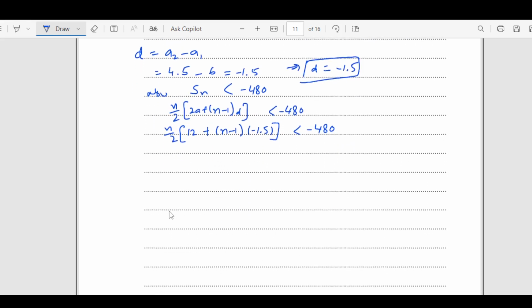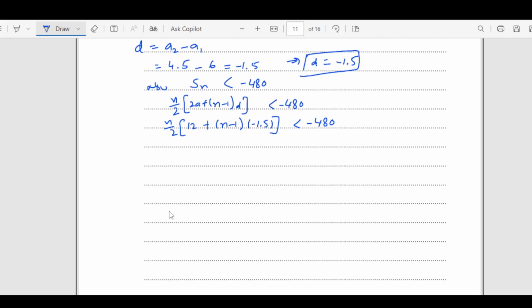So let's simplify slowly. This is n over 2, and inside we have 12 minus 1.5n plus 1.5, which is less than negative 480.